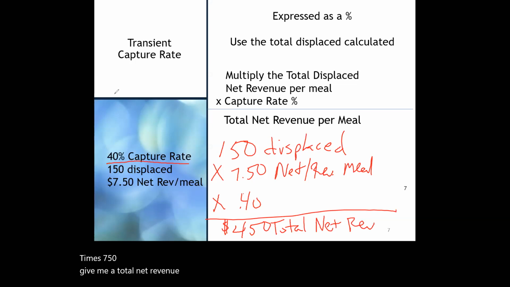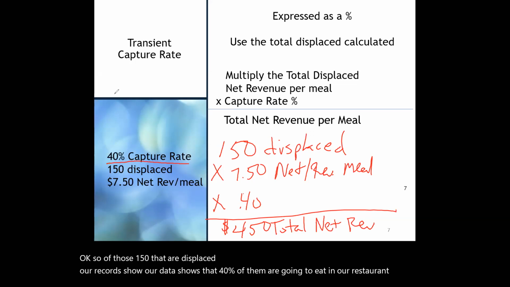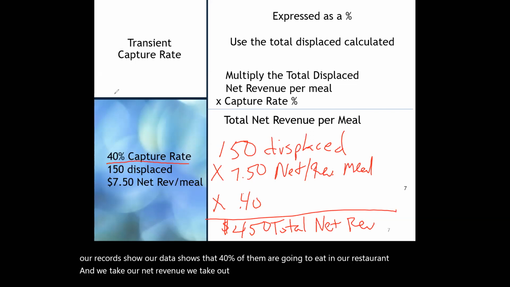Of those 150 that are displaced, our data shows that 40% of them are going to eat in our restaurant. And we take our net revenue, we take out that cost, and so we multiply our 150 times 40% times 7.50. Because it's all multiplication, it doesn't matter which order you do it in.